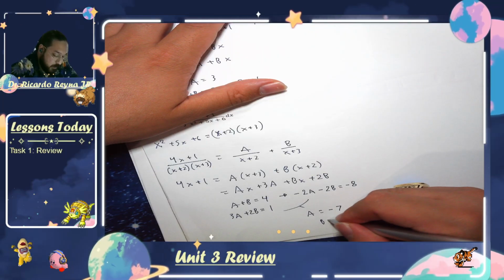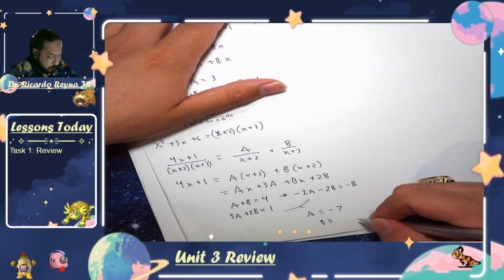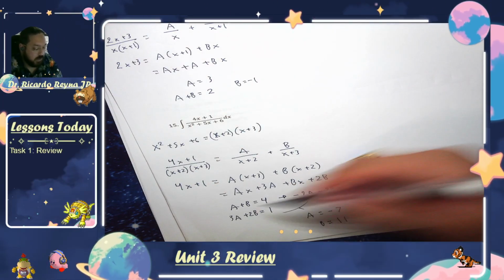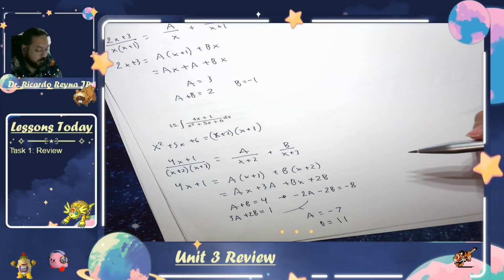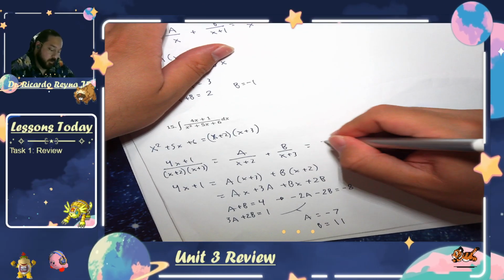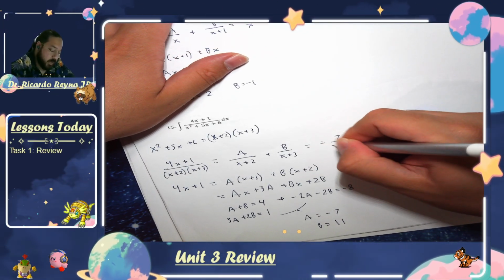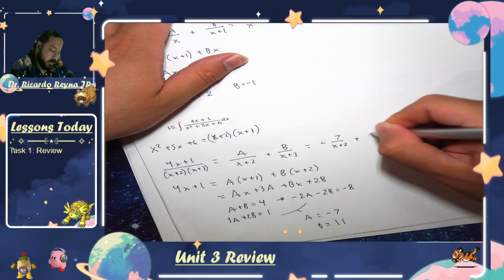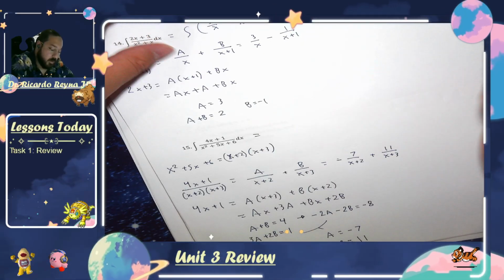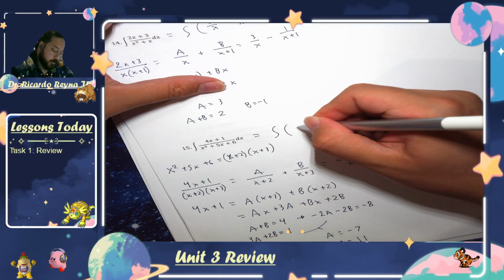And that means b is equal to 11, using that one. So then we add this in: negative 7 over x plus 2 plus 11 over x plus 3. Rewrite this.